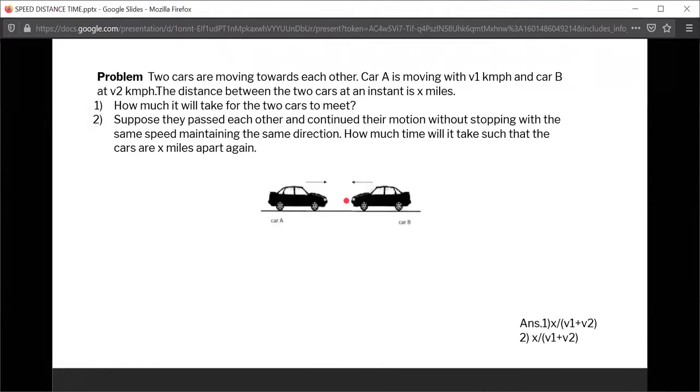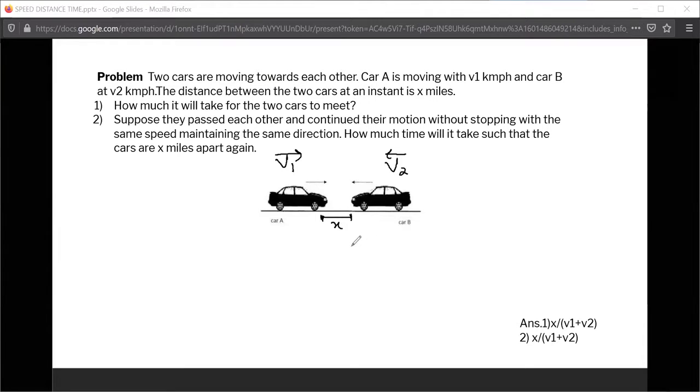Well, this is an interesting case. Two cars moving in the opposite direction, coming towards each other. Let's write the speeds. Car A is moving with the speed v1 in this direction, and this is moving with v2 in this direction. And the distance between them is x miles, how much time will it take the cars to meet?